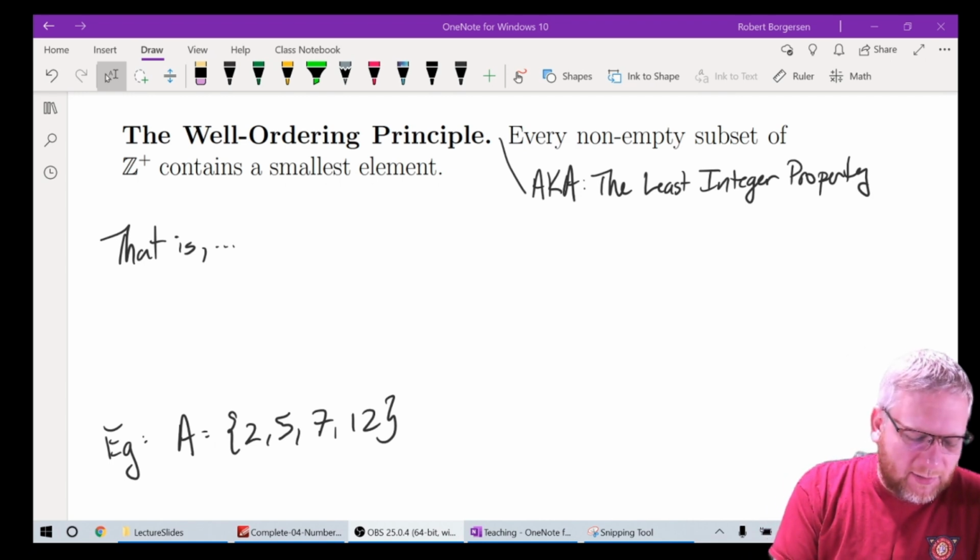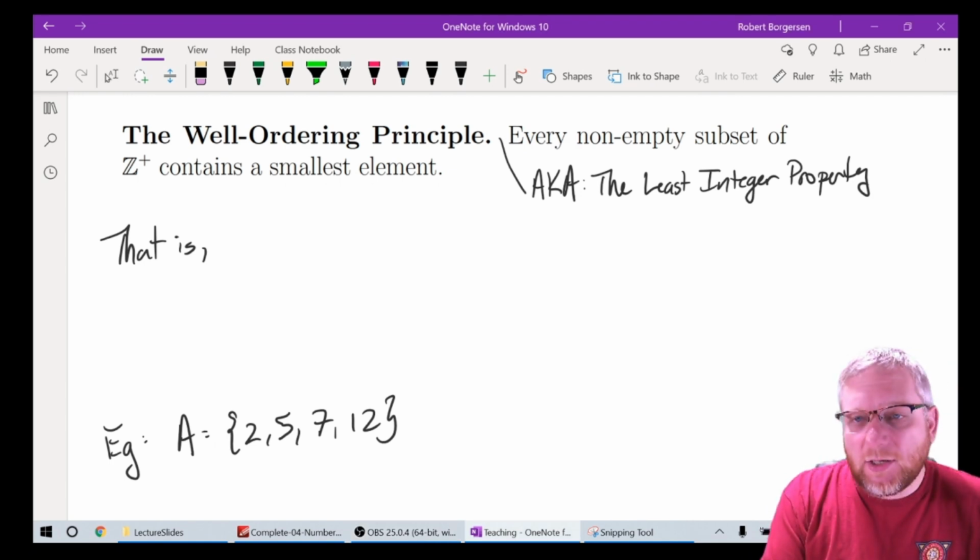So let's take a second and see if we can write that with some logic, some symbols. What does that mean?